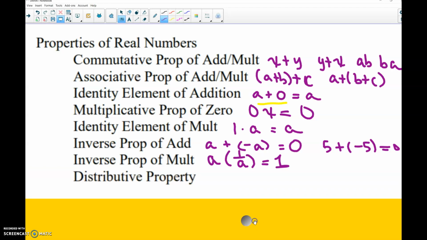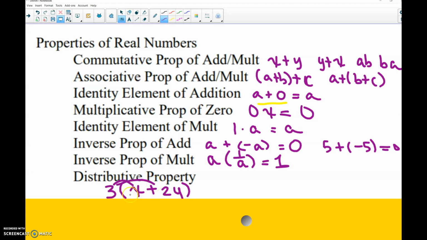And the last property, the distributive property. We are sharing the wealth, as I call it. So if you have, I'm going to do a value first. So if we have 3, and we're multiplying that by x plus 2y, order of operations tells us to do the parentheses first. However, x and 2y are unlike terms. They have different variable parts, so we need to share the wealth.